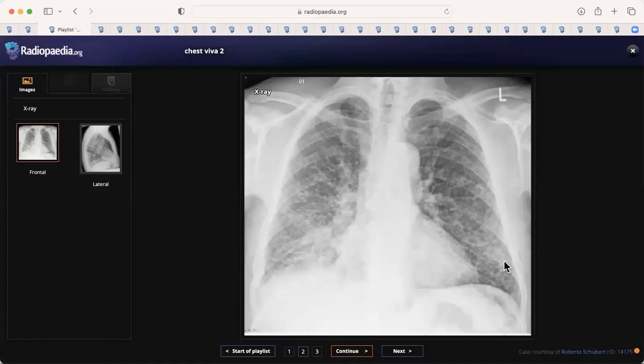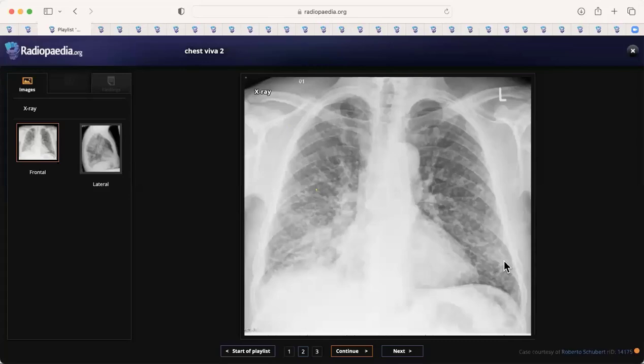Or it could be metastasis secondary to thyroid carcinoma. And it could be other infection, like fungal infection.